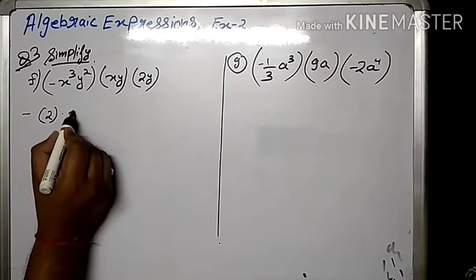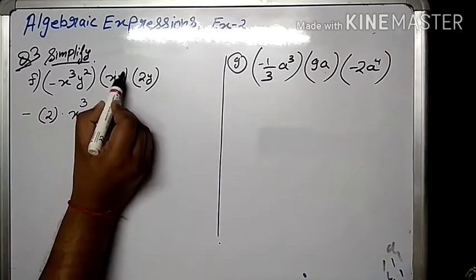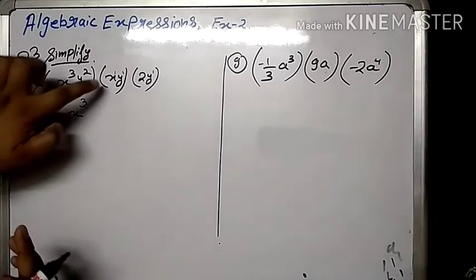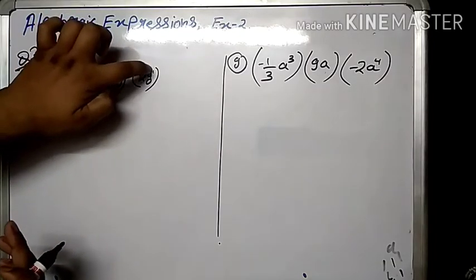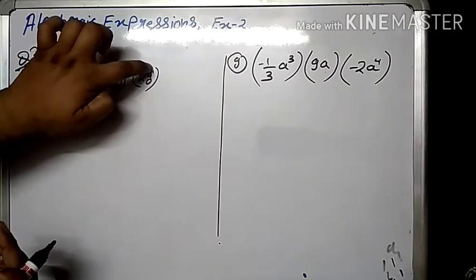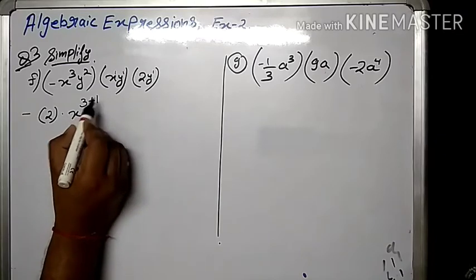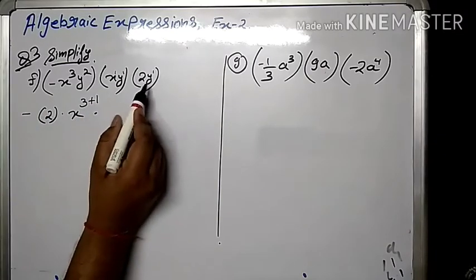Inside, x to the power 3, again I said when there is no power we assume 1 on those bases, that is x to the power 1, y also 1, and here also there is no power, so 1 is assumed. So 3 plus 1, and here there is no x.